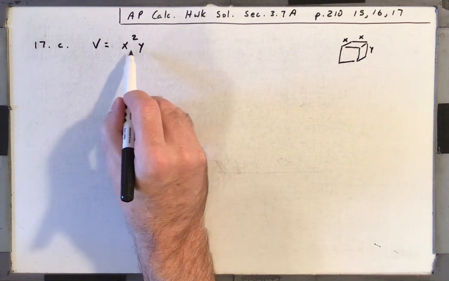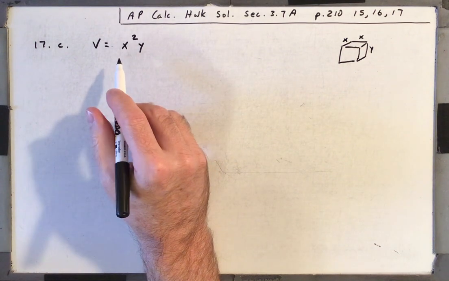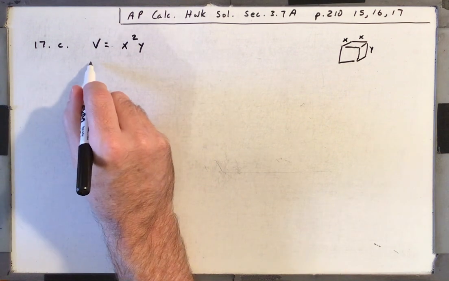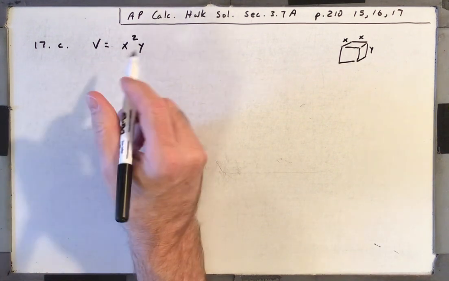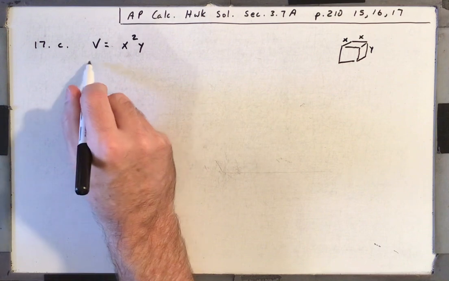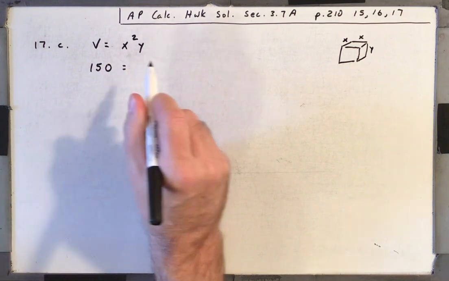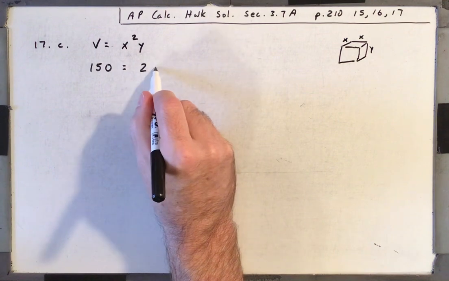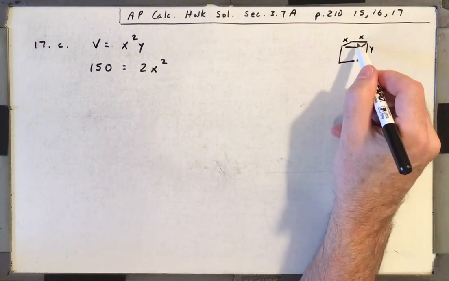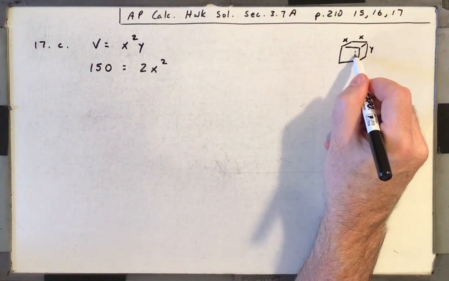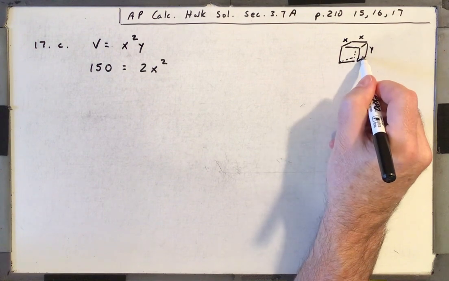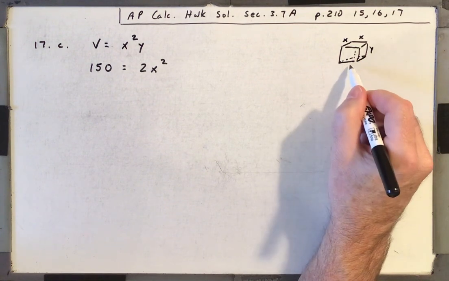So I've got two unknowns here. But we can, let's see, the surface area, it says, is 150. So for surface area, I have 150 is equal to 2 times x squared, because the top and the bottom are the same, right?